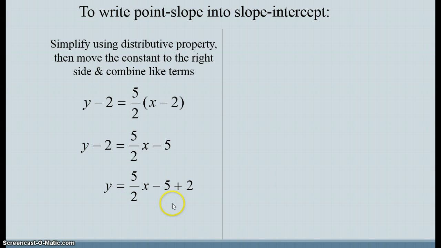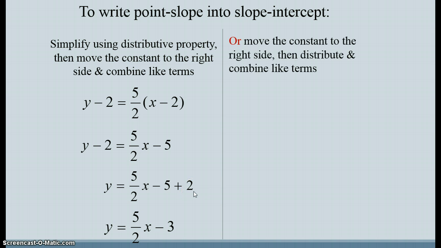And then we just clear the y. Okay, y equals 5/2 x minus 5, which we have here, plus 2, because we're clearing this y. And then we get the final result, y equals 5/2 x minus 3. Or move the constant to the right side, then distribute and combine like terms.